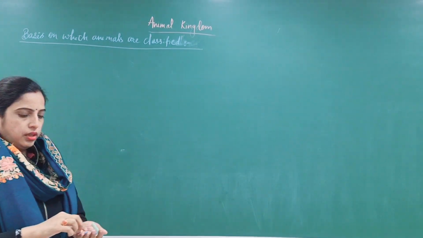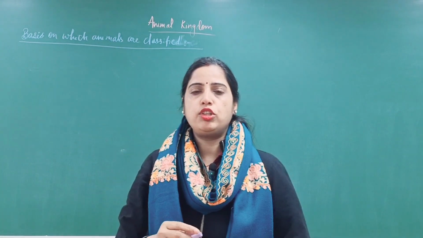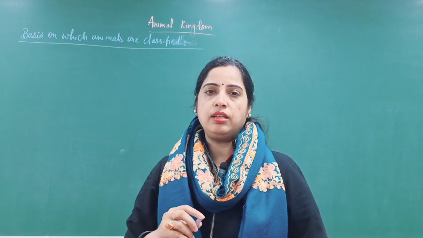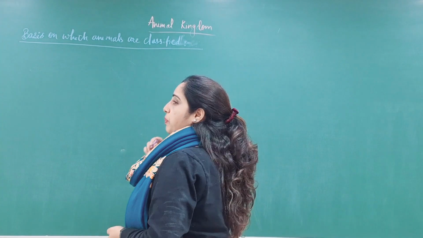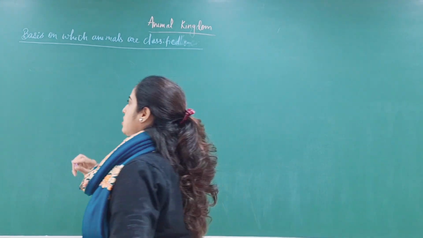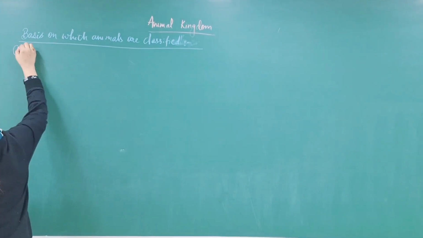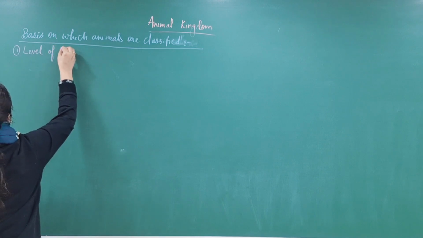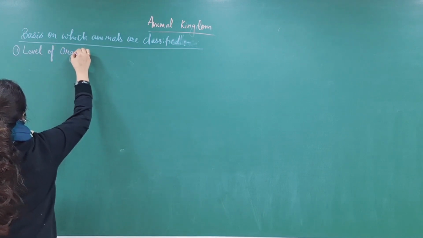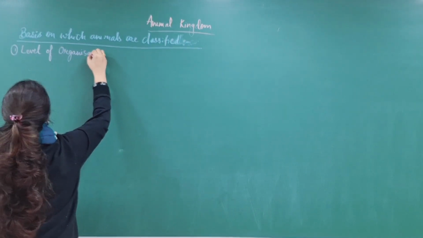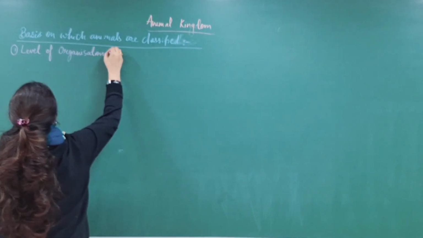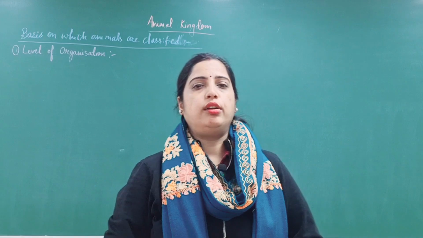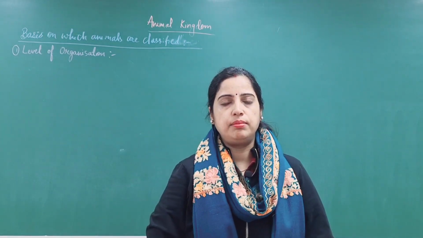So, the first thing I am going to tell you about the basis of classification, especially for animals, is the level of organization. It's very important to know whether the animal is made up of cells or tissues or organ systems.